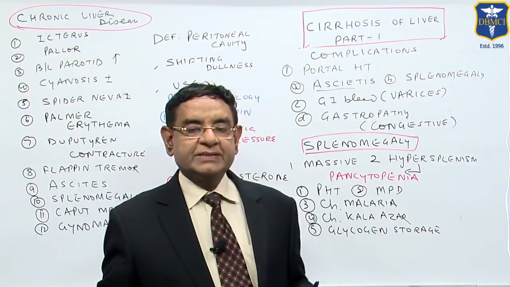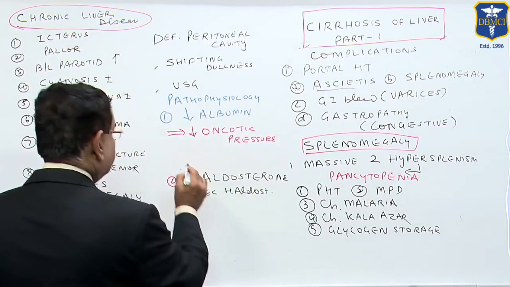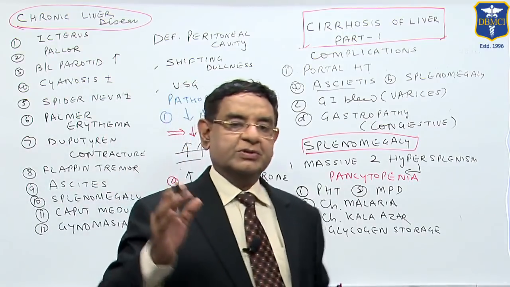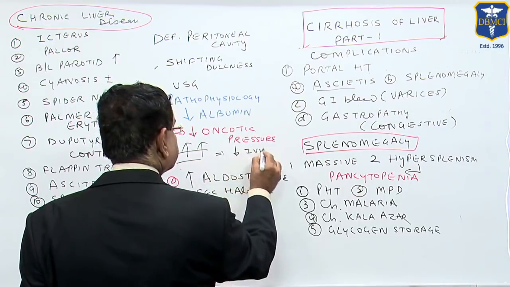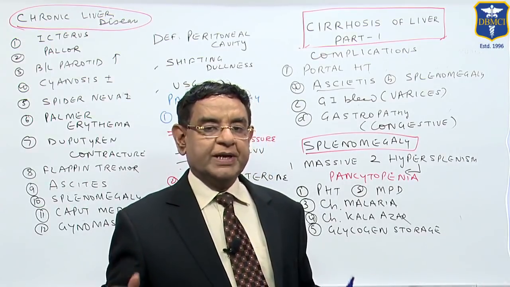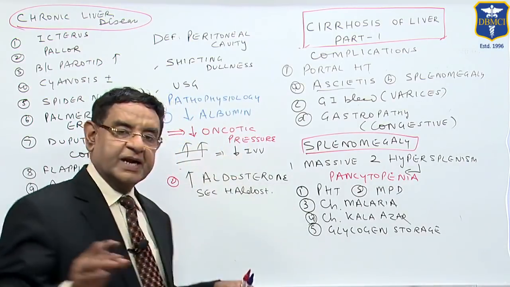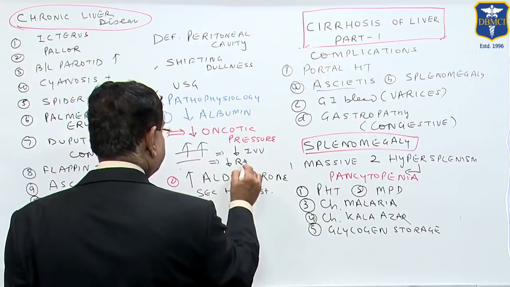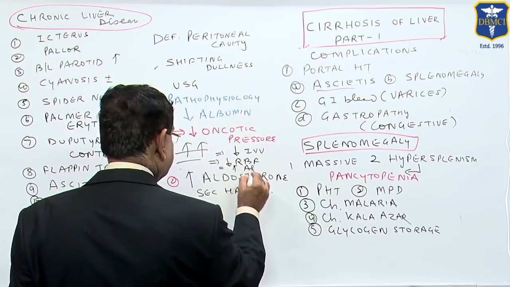Other reason why secondary hyperaldosteronism occurs, because as I told you, fluid is getting leaked out into the third space. So that leads to reduced intravascular volume. Point to be noted, although total body fluid is increased, it is in the third space, but there is reduced intravascular volume, that leads to reduced renal blood flow, and that leads to increased aldosterone.